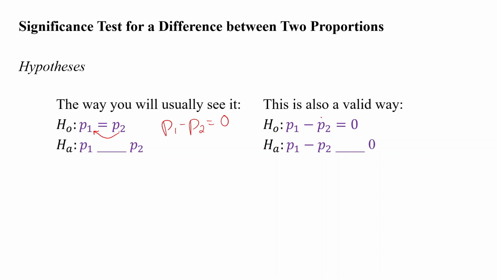This is also a way to communicate it, because it says that 0 is your null difference, that there is no difference. If P1 minus P2 equals 0, that means they were the same value. And then the alternative would be the same thing: less than, greater than, or not equal to 0. So setting up your hypotheses is going to look like this.